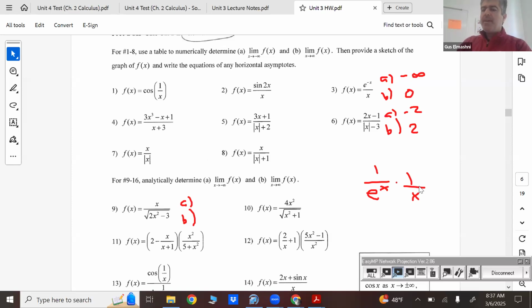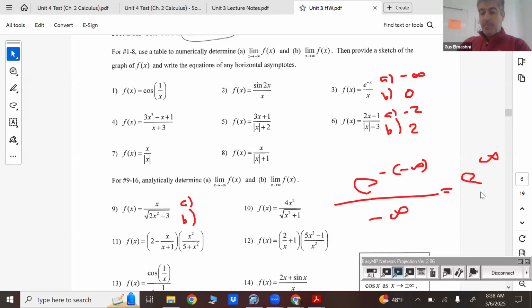That's pretty obvious. If you do negative infinity, then what's going to happen is, if I go back to the way it was before, e to negative of negative infinity over negative infinity. So isn't that just e to the infinity over negative infinity? What's the top? The top is large.